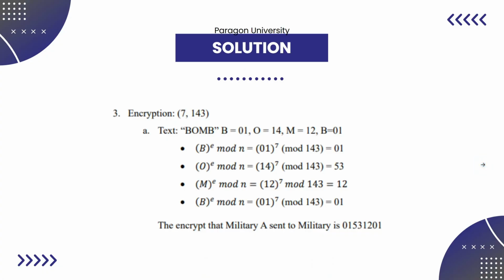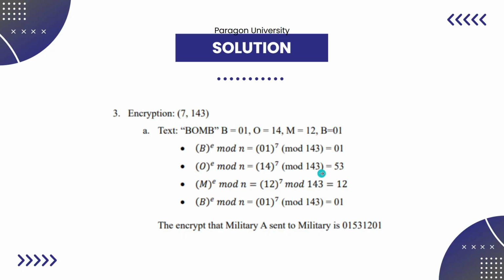And this is the form that we have to encrypt the code. This is for military A to encrypt. We can use 01 to the power 7, which is e, mod 143, and it equals 01, and it is the new one.